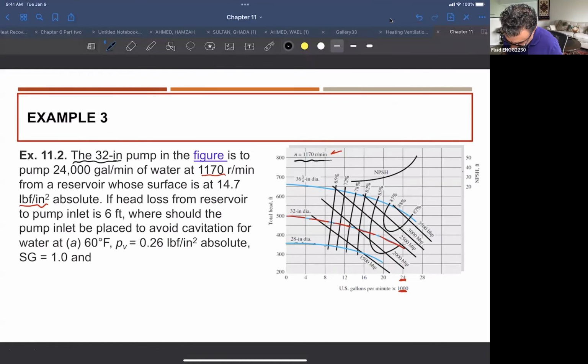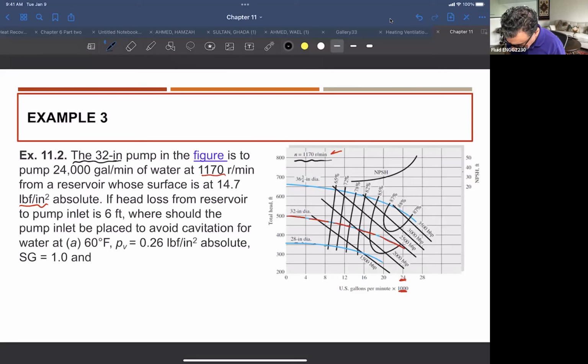Where should the pump inlet be placed to avoid cavitation of water at 60 degrees Fahrenheit? Remember, the vapor pressure is always a property of the fluid. But if you remember, when you look at the property table for a fluid, it is given at different temperatures. So you can have the same liquid, but at a different temperature you might see a different vapor pressure value. And this is a property dependent on the temperature as well, right?